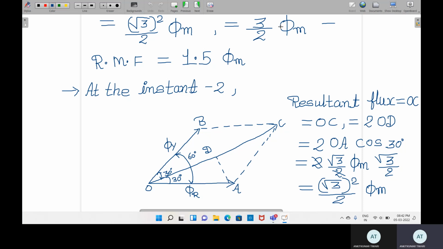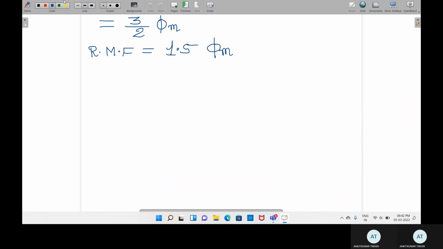So the resultant flux is 1.5 times more than the single flux produced by the single coil. The resultant magnetic flux equals 1.5 times phi m. So this is our RMF.